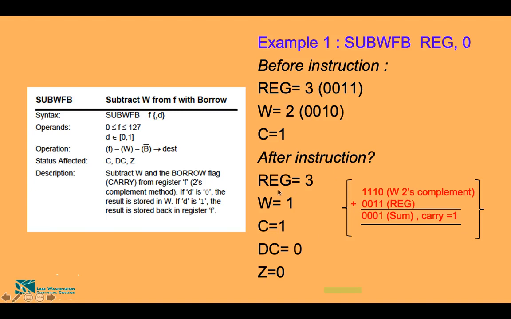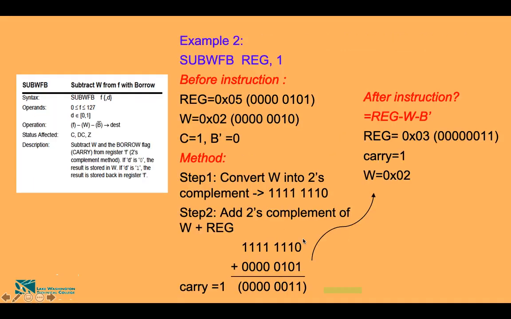Now after the instruction, your REG is going to be the same because you want to store the data into the working register, and in your working register you have this 1. So this is the same thing. And then your carry is 1, digit carry is 0, and then in this case your 0 bit is also 0.